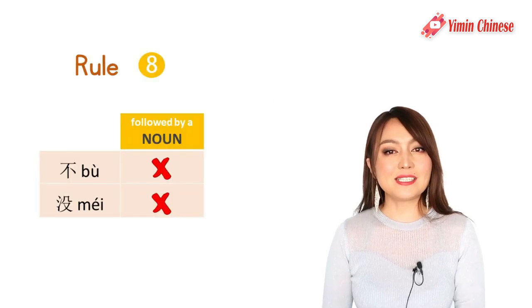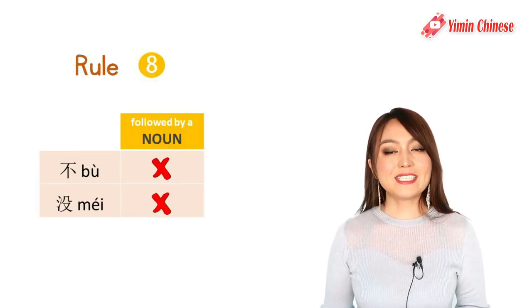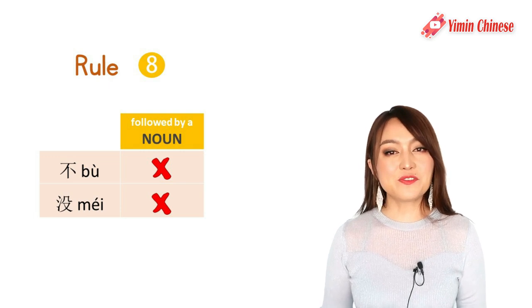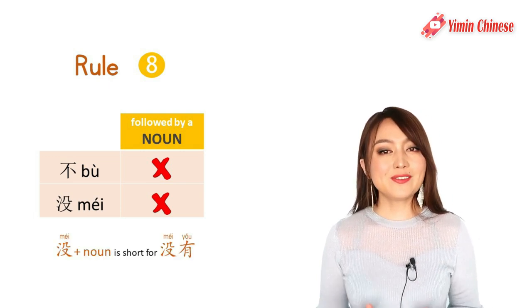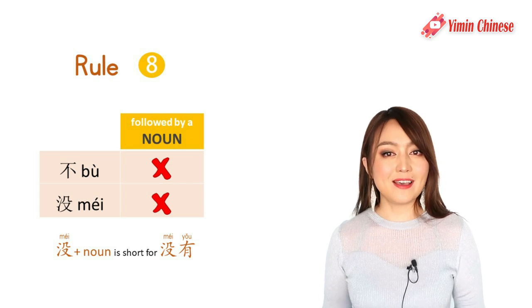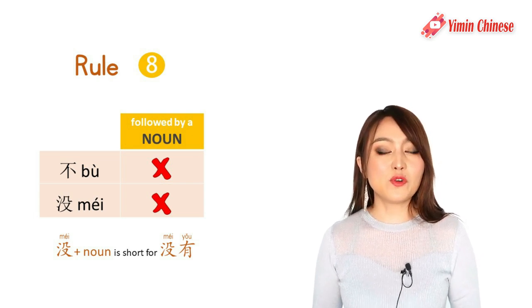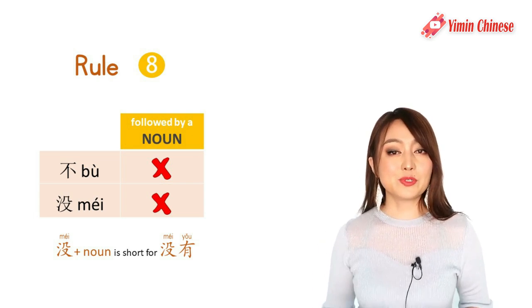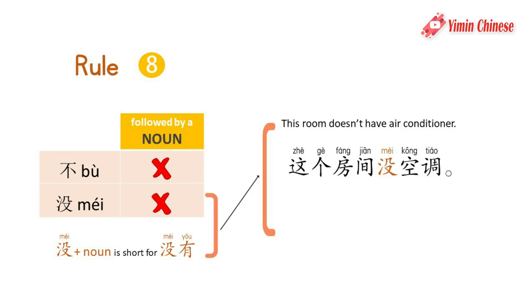Okay, the last rule is about nouns. Strictly speaking, both of them cannot be followed by a noun. When you see 没 followed by a noun, it's actually short for 没有. 比如说，这个房间没空调. This room doesn't have an air conditioner. Here, 没 is followed by a noun, 空调, air conditioner.